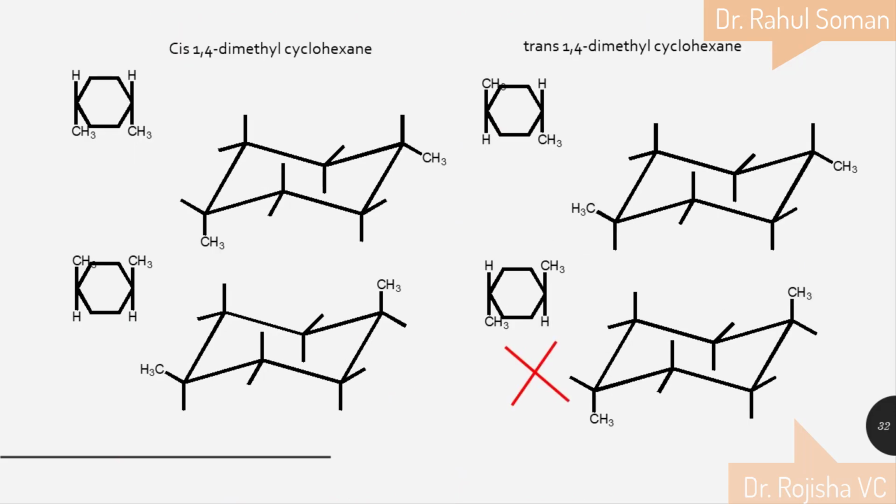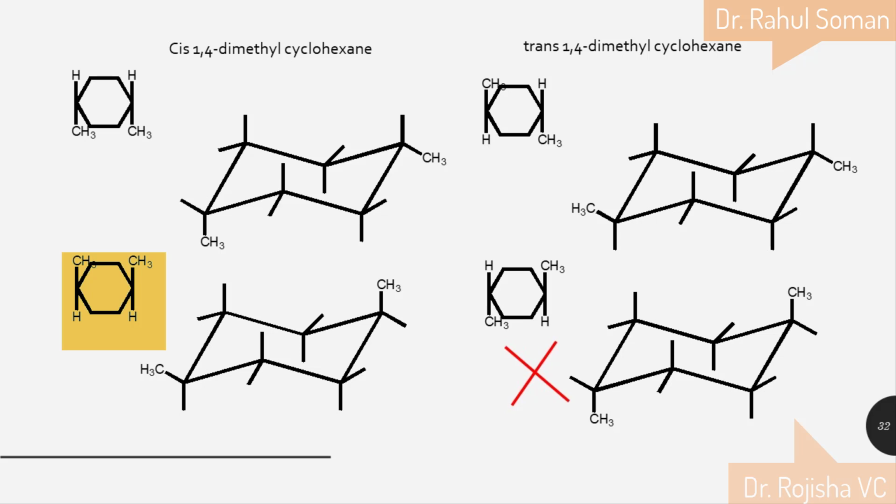Then we come to 1,4-dimethyl cyclohexane. First, we simply draw the planar conformation of cyclohexane. For 1,4, cis means both on the same side, either alpha or beta.